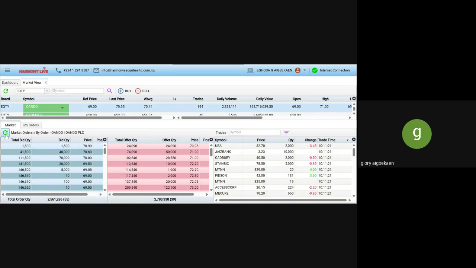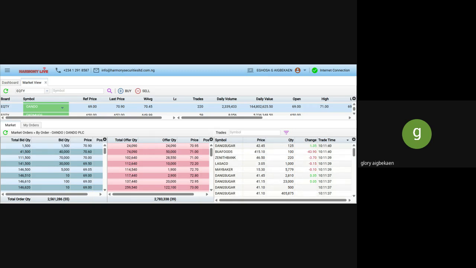I still believe that the price will continue to trend.